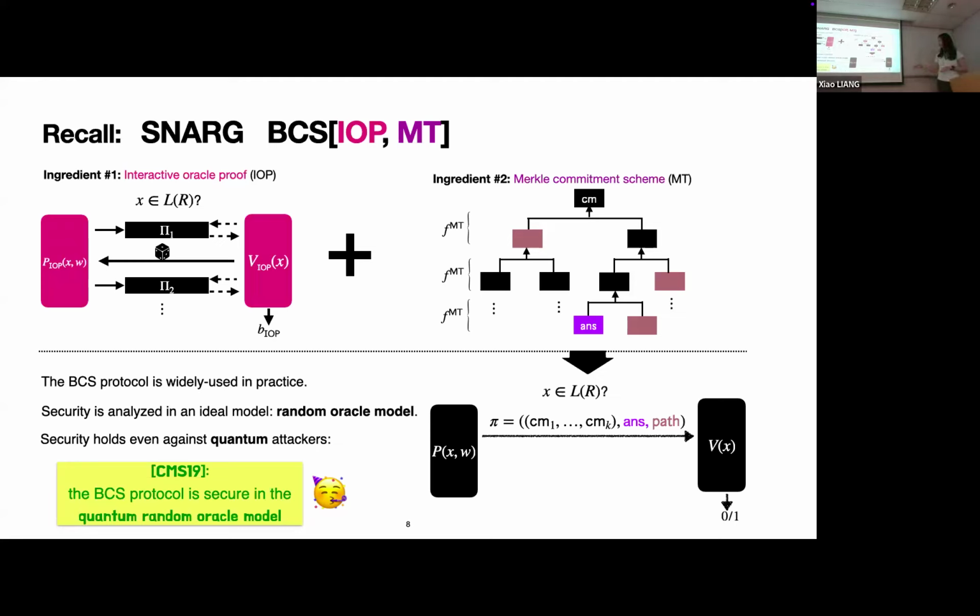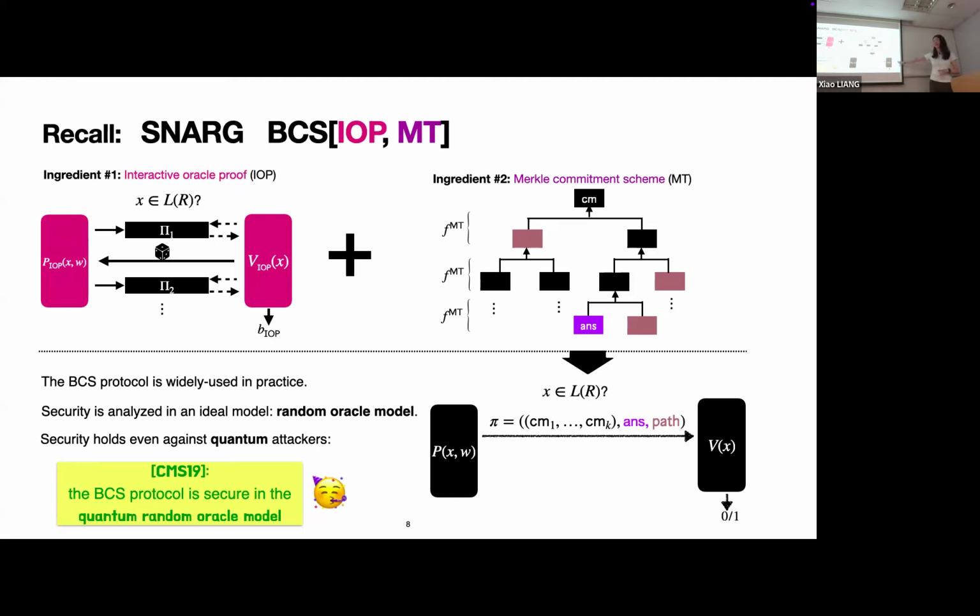Yeah. So is this a knowledge or just argument? Sorry. It's an argument, or yeah, it's also an argument of knowledge. So in the classical setting, I think it's a thing, but in the post-quantum setting, do you actually prove this? I don't think so. Interesting. Perhaps they claimed it, but I think the knowledge soundness definition is not very straightforward.